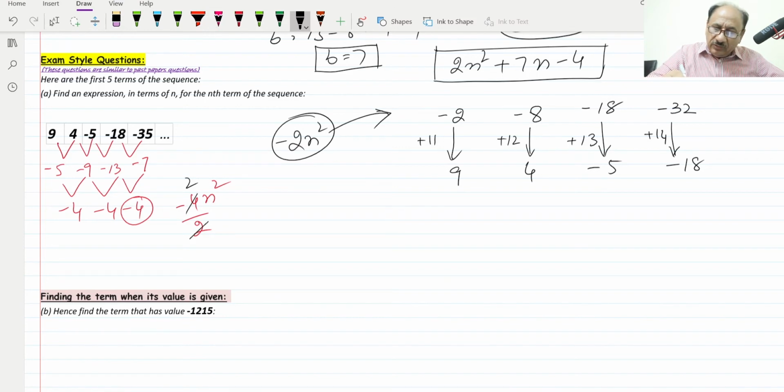So similarly now we can write these numbers. In the next step, we are writing these numbers and making a sequence: 11 and 12, 13 and 14.